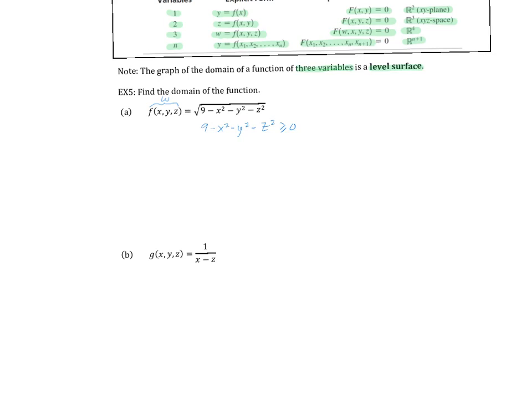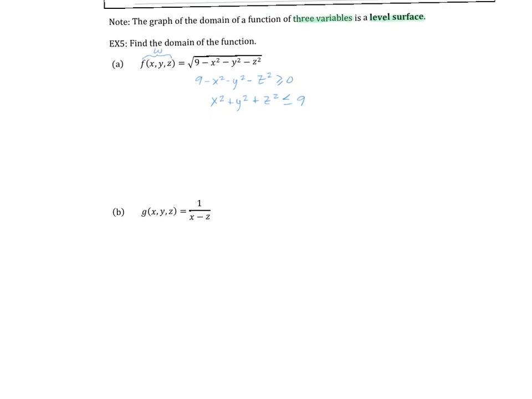So I'm going to throw the 9 on the other side, multiply through by a negative to get x squared plus y squared plus z squared less than or equal to a positive 9. So I'm just writing it in a form that I recognize. I recognize this as not just a sphere. I recognize this as a ball.